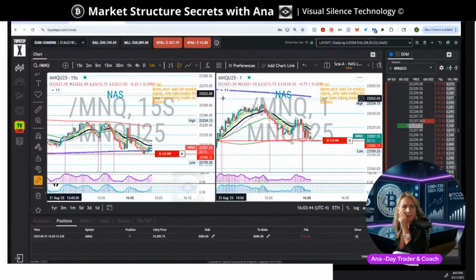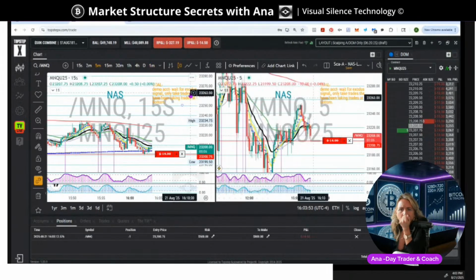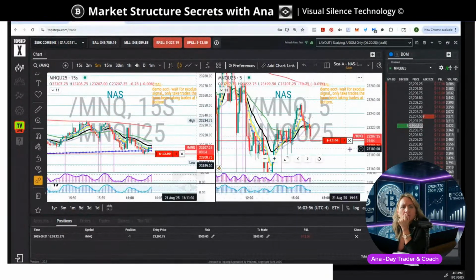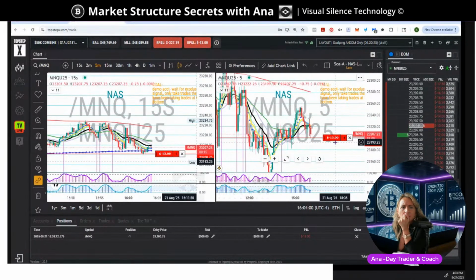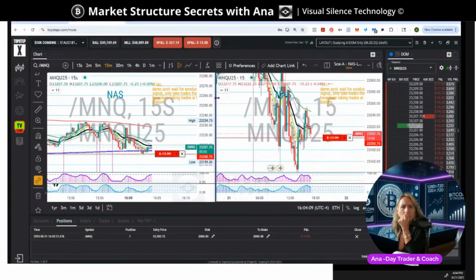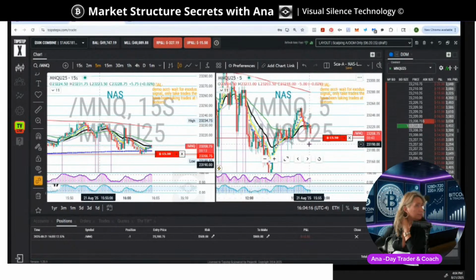All right, let's look at the 1 minute selling, the 5 minute is selling. I really wanted more movement off of that.